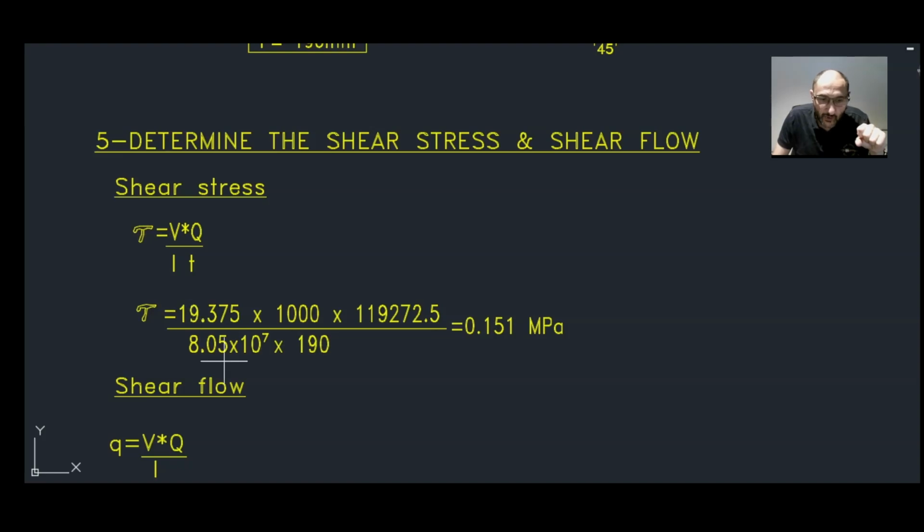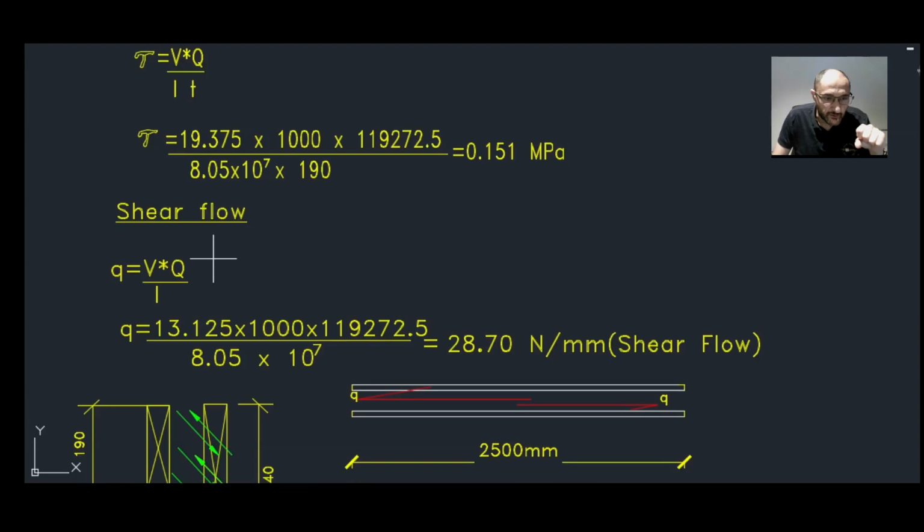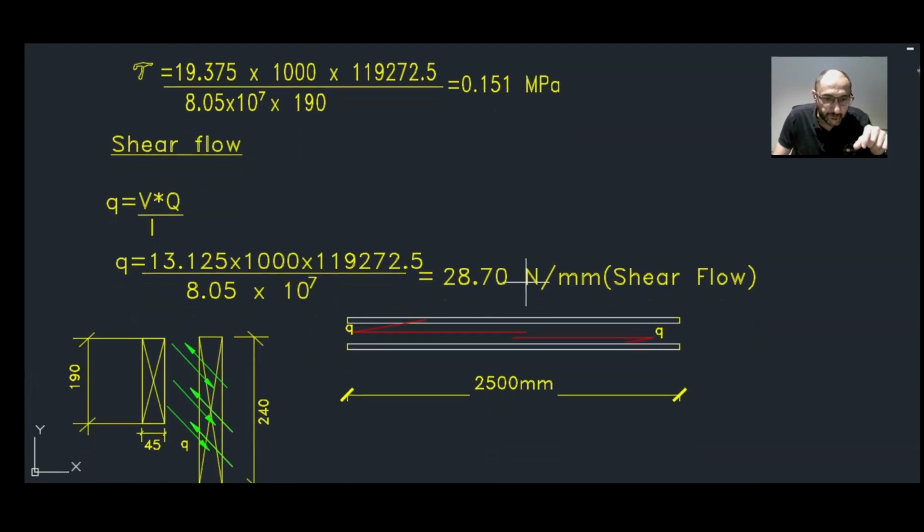That will be 0.151 MPa. For the shear flow, you simply multiply the shear stress by the width. So that will be VQ over I, and that will give us 28.7 Newton per millimeter.